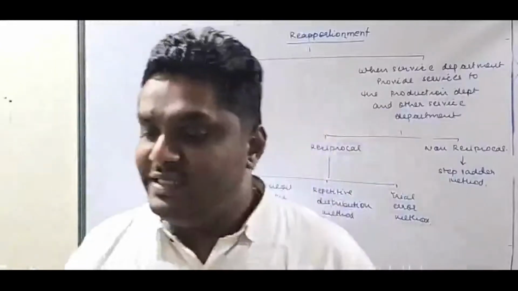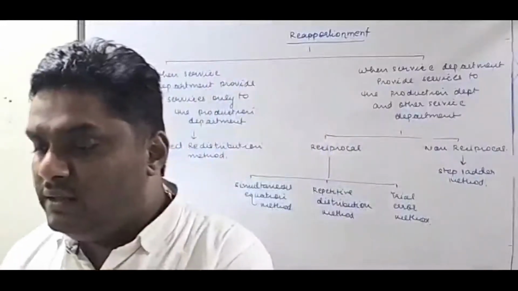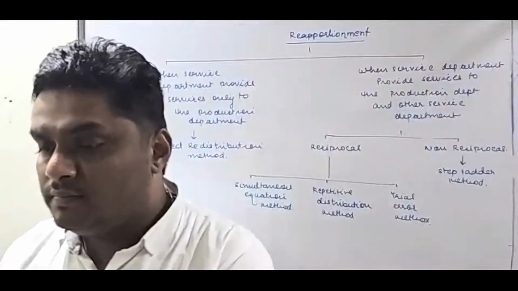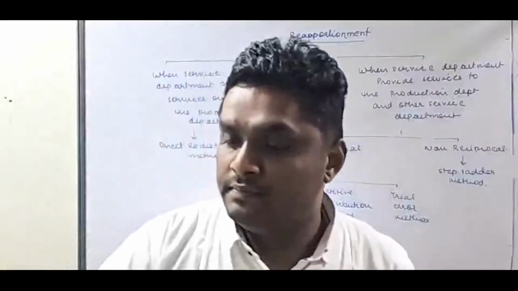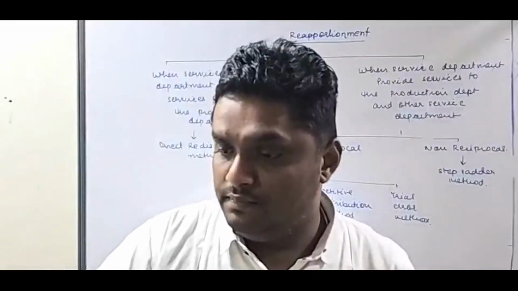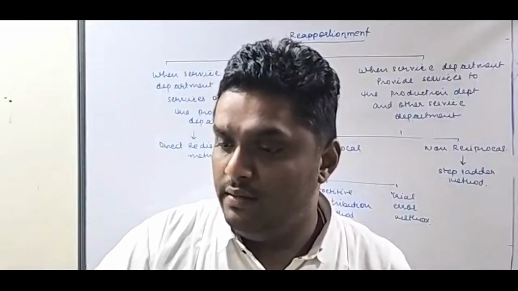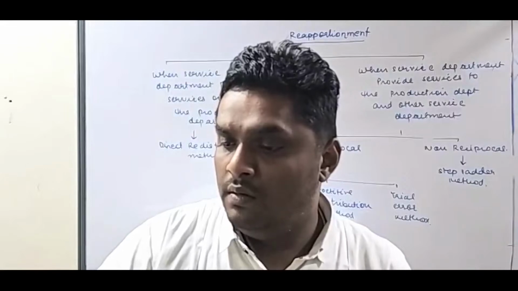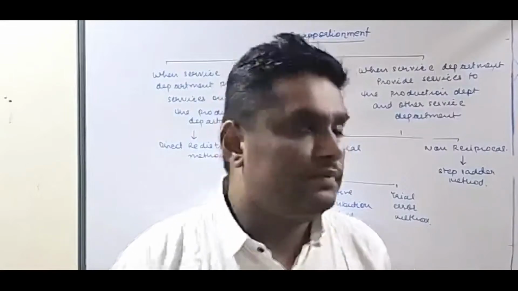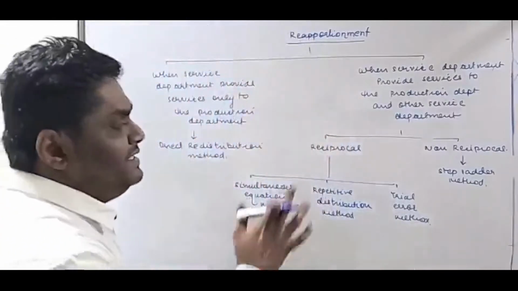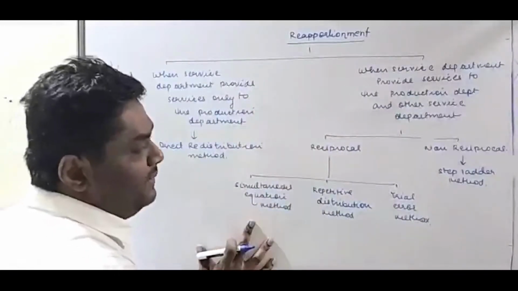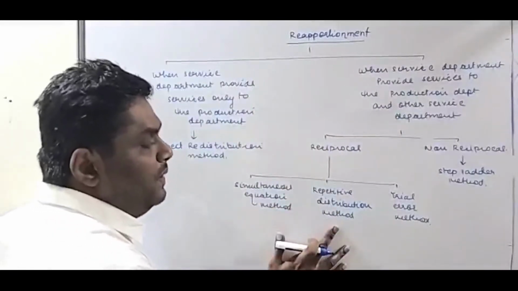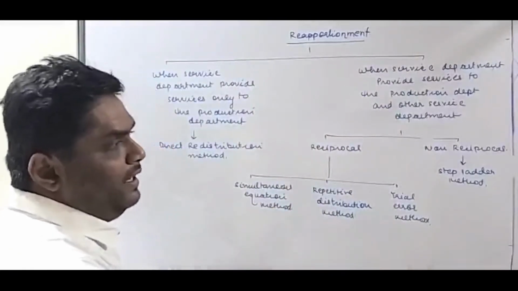When talking about reciprocal, there are three methods, that is the simultaneous equation method, repetitive distribution method, and trial and error method.